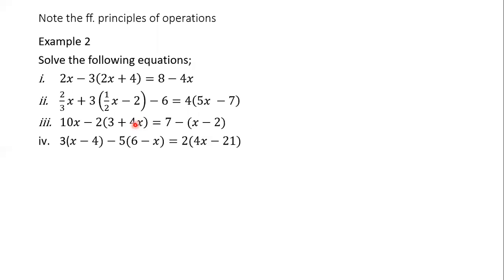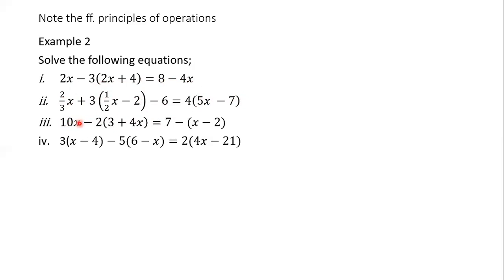Solve the following equations. I: 2x minus 3 into bracket 2x plus 4 equals 8 minus 4x. II: 2 over 3x plus 3 into bracket 1 over 2x minus 2 bracket closes minus 6 equal to 4 into bracket 5x minus 7 bracket closes.